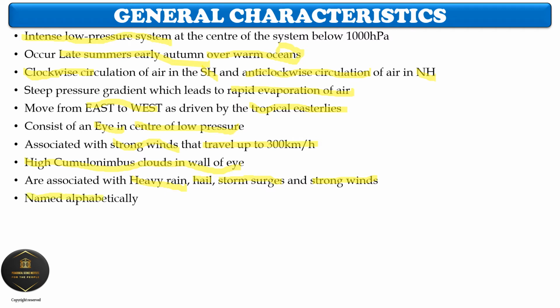Tropical cyclones are given names, and we name them alphabetically from A to Z, which means the first one to occur will have the lower alphabets, and the latest to occur will have the higher alphabets.